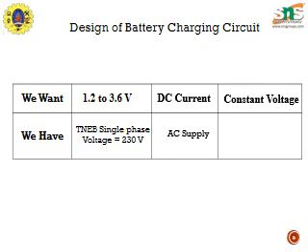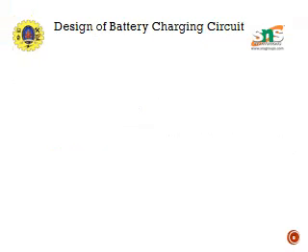Another is that we want constant voltage, but we have fluctuating voltage, that is alternating current.